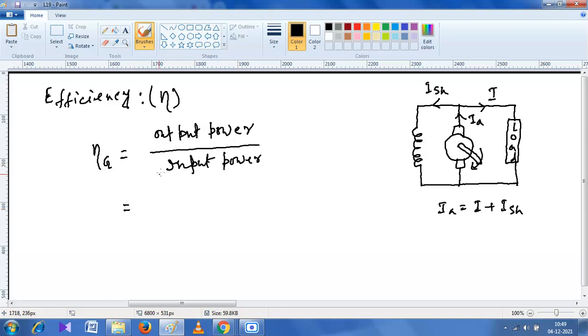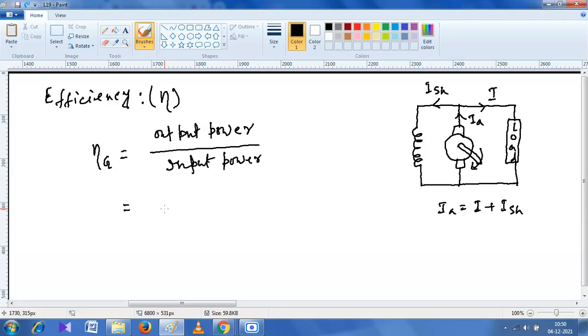So, for generator, which quantity is electrical quantity, output or input? Load is output.